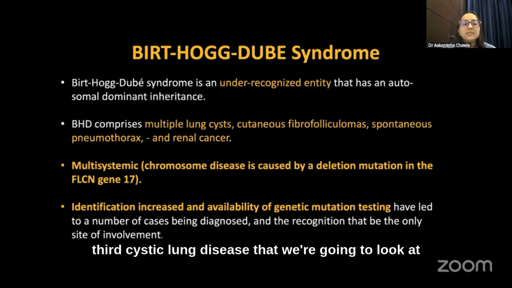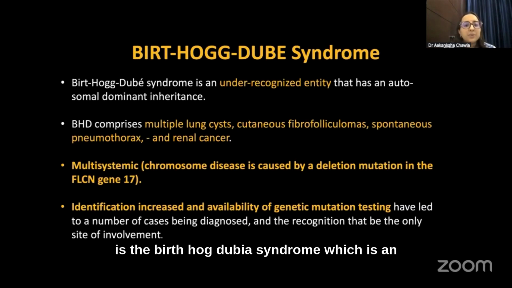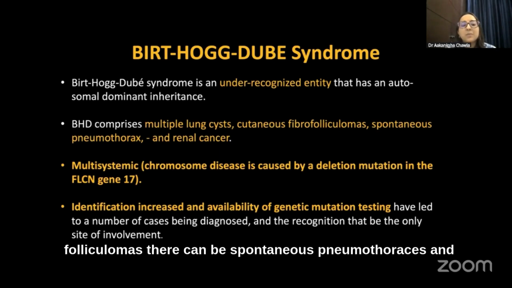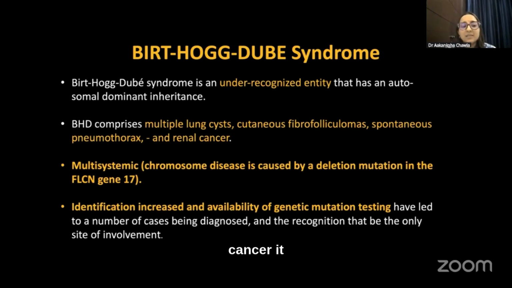The third cystic lung disease that we're going to look at is the Birt-Hogg-Dubé syndrome, which is an under-recognized entity. It is an autosomal dominant inherited disease. Presentation is with multiple lung cysts. There can be cutaneous manifestations with fibrofolliculomas. There can be spontaneous pneumothorax and renal cancer.